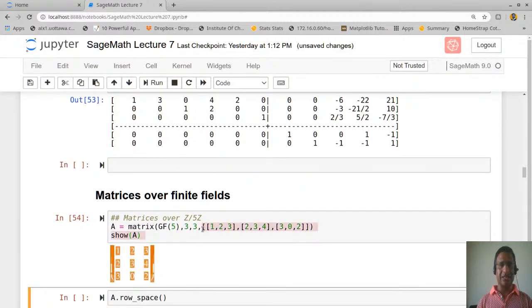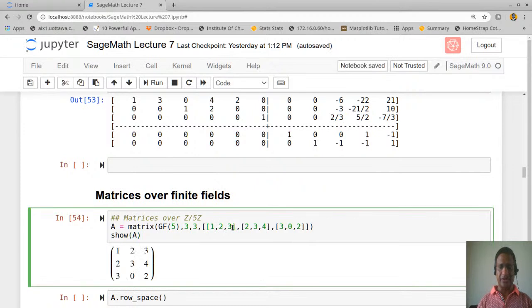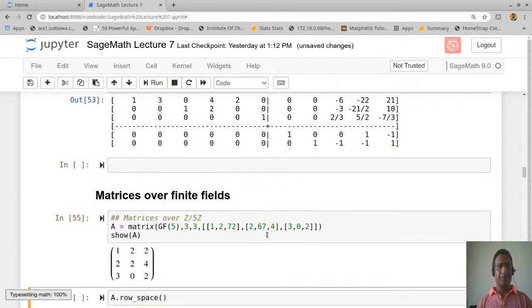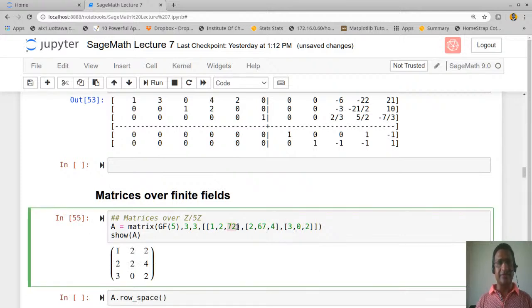But in case instead of 3, if I say, let us say this is 72, and let us say this 3 is 67. Now if I see what is A, again you can see here 72 divided by 5, the remainder is 2, so that is what has come here. Similarly 67 divided by 5, remainder is 2, so again that is 2, right?